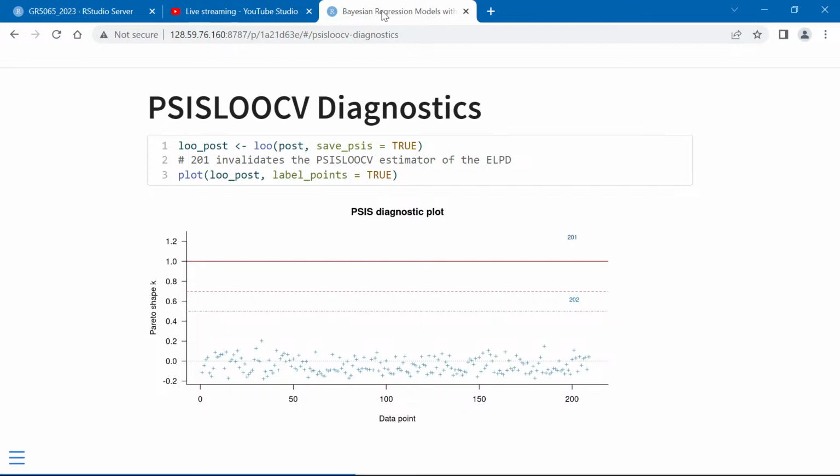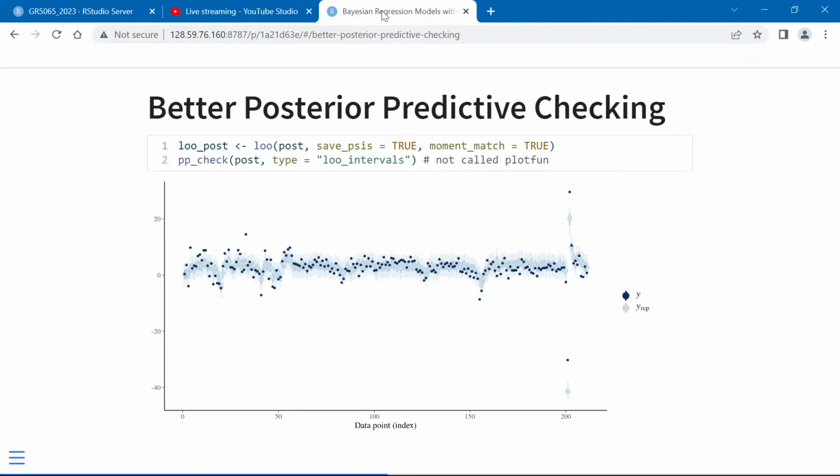And for the other 200-ish more, it would use the Pareto smoothed importance sampling leave-one-out cross-validation estimator. But it would do literal leave-one-out cross-validation for these two, and thereby come up with the expected log predictive density for all of them. Moment match tries to do something similar, might be a little bit quicker.